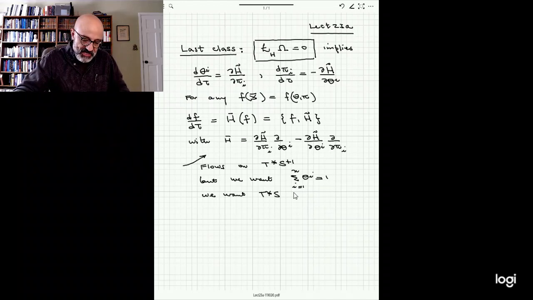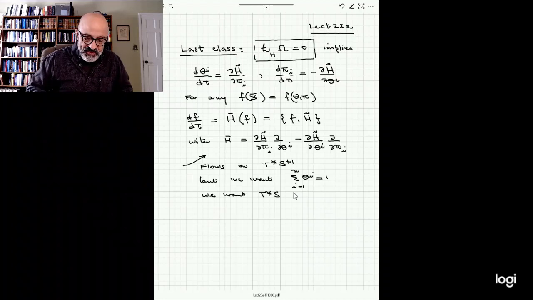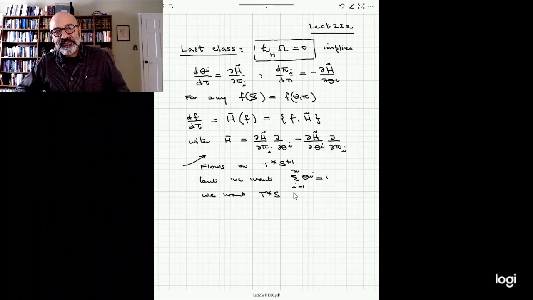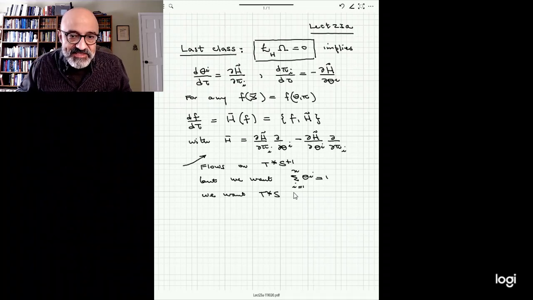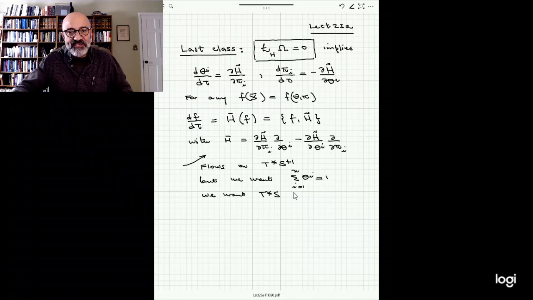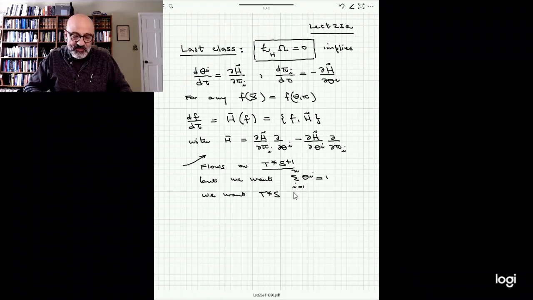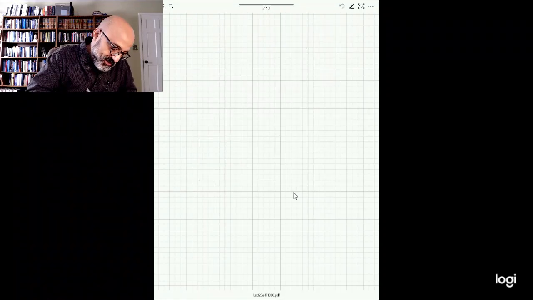So how do we handle that? We handle that through a normalization constraint. So the purpose of this first part of the class for today is to discuss how do we handle this normalization constraint on the larger space, the cotangent bundle there.